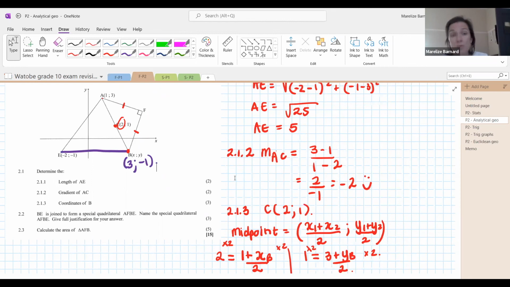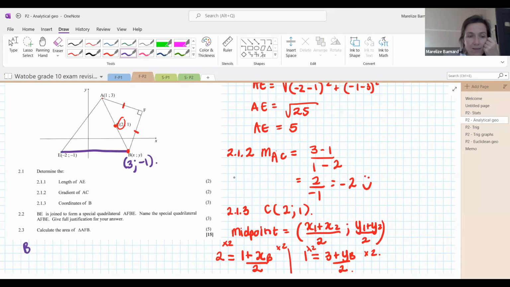Now it really helps that this triangle is a 90-degree triangle, I think. Any ideas how we're going to do it? What have we got that we can calculate? If it's half base times height, which measurements would that be?